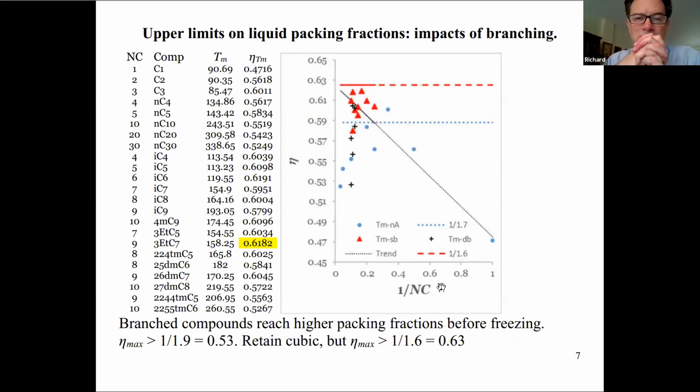Maybe you could argue those are just molecular simulation results. Who cares? It doesn't matter if real molecules never actually go to those kinds of packing fractions. One way to address that question is to look at the packing fraction at the melting temperature within the context of this SPEED MD equation, this discontinuous molecular dynamics and perturbation theory.